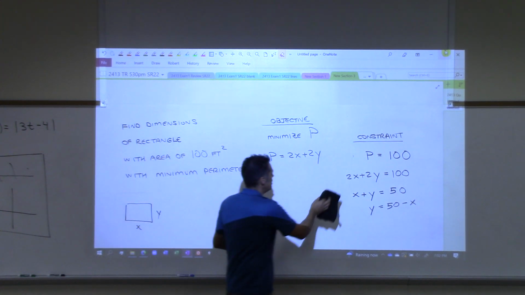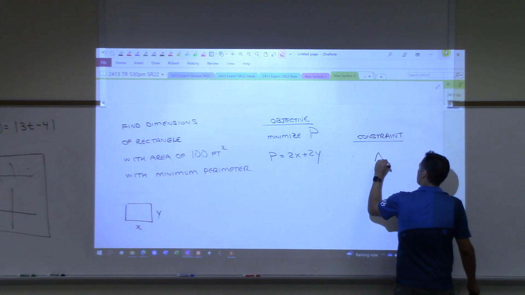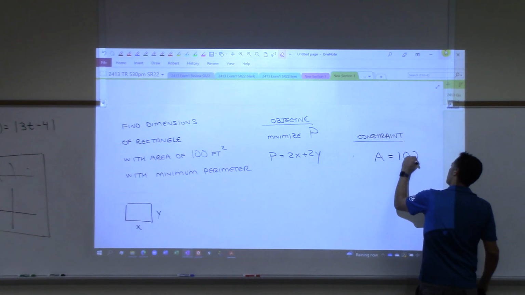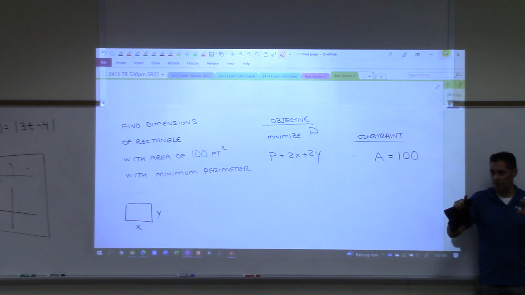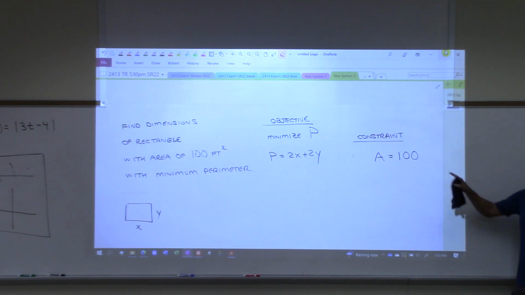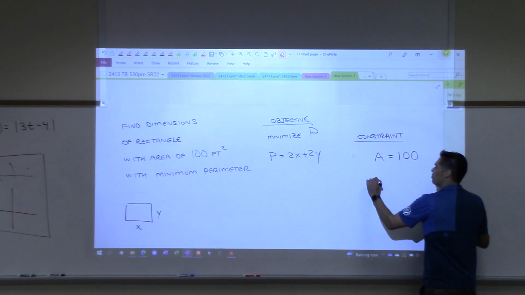What is our constraint this time? The area has to be 100. I'm doing these two problems on purpose so you can see the difference. What is the area for that rectangle? x times y. So we have x times y equals 100.